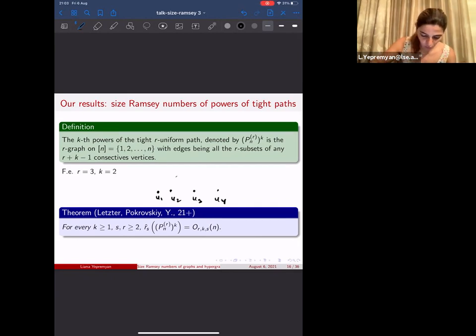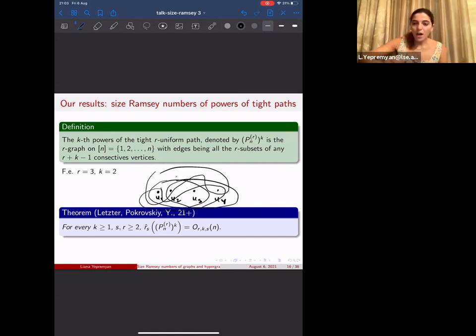For example, for r equals 3 and k equals 2, for any 4 consecutive vertices I would have to put a complete 3-uniform graph, so all the possible triples. This is how we define the k-th power of r-uniform paths, and we show that the size Ramsey number of these graphs is also linear.